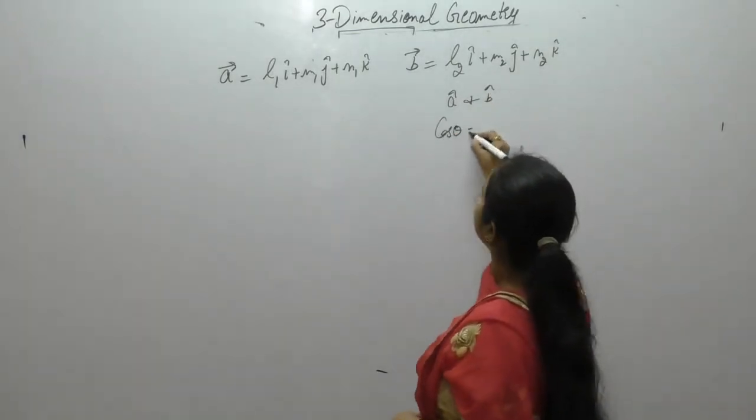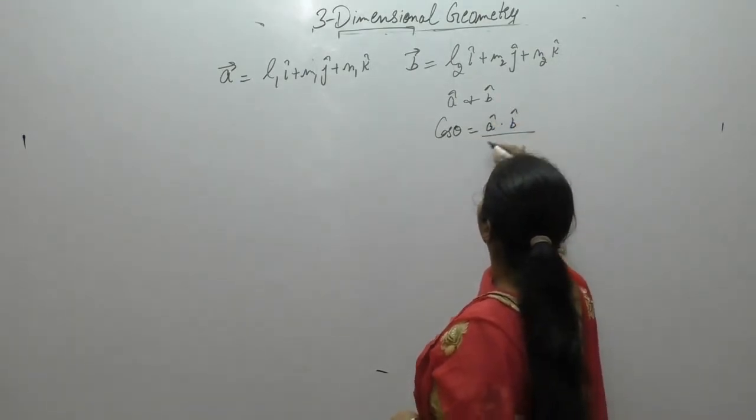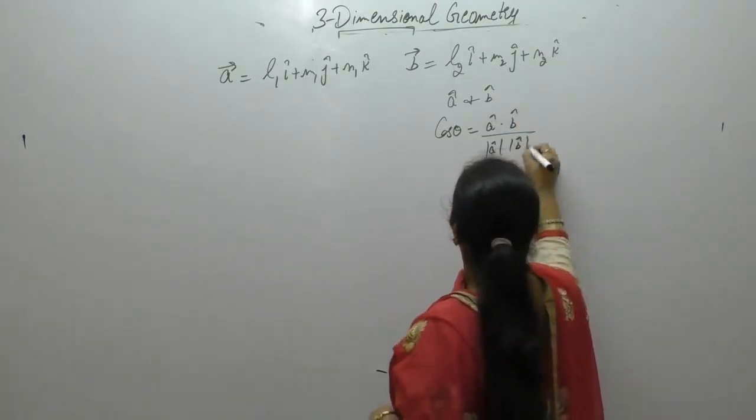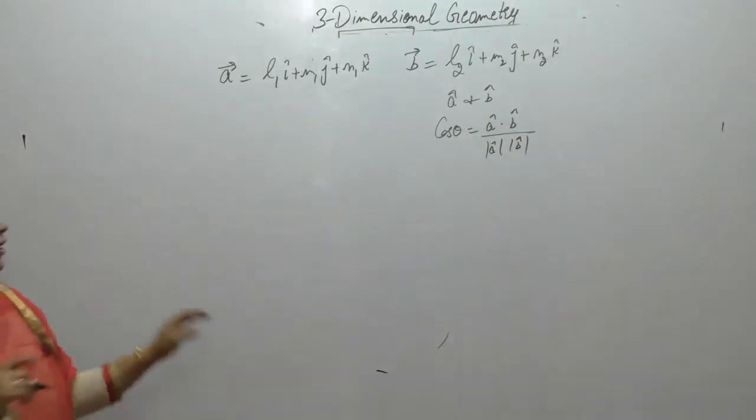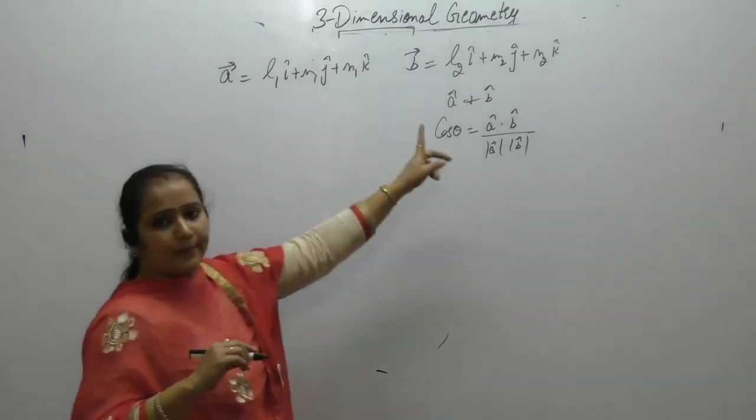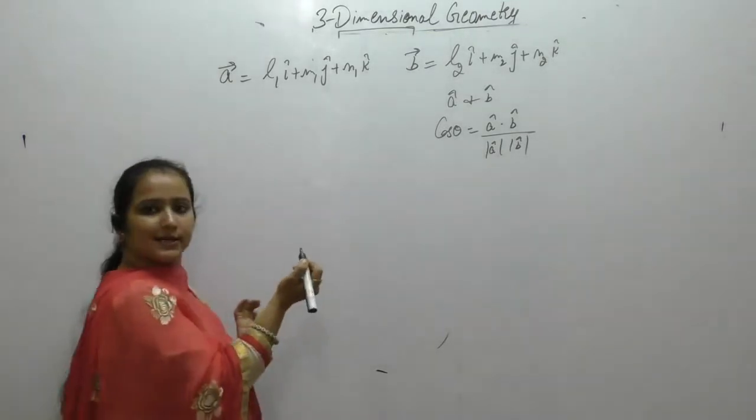Then angle between their unit vector is A dot B upon magnitude of the unit vectors A vector and B vector. Now if these two vectors are perpendicular, then their dot product is 0.